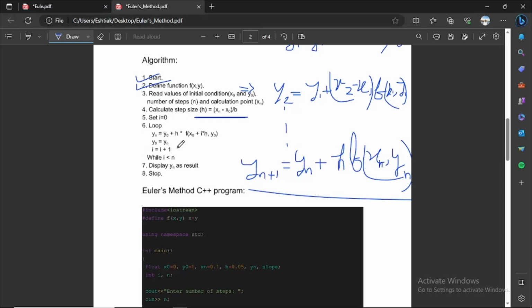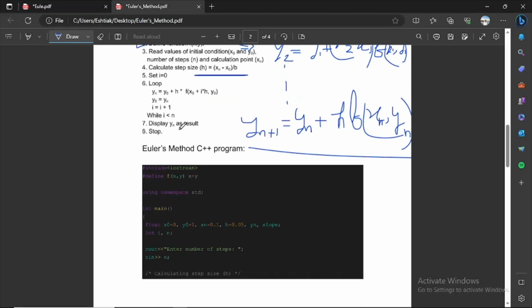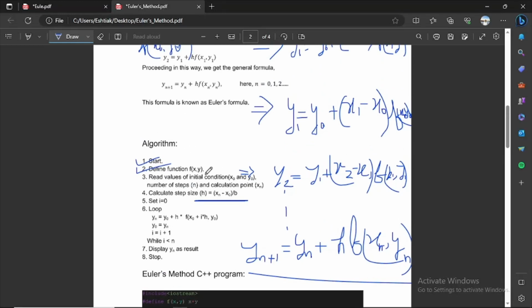It can be any loop, a while, do while, or for loop, any kind of loop you can use here. Then display yn as a result. Here yn will be our result, which will be displayed in our terminal, and then we stop the program. This is our algorithm for Euler's method.